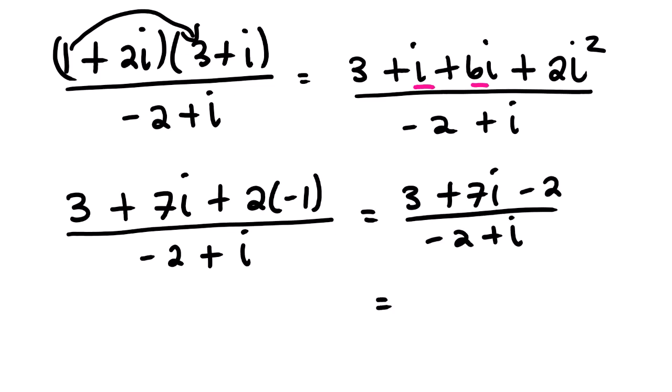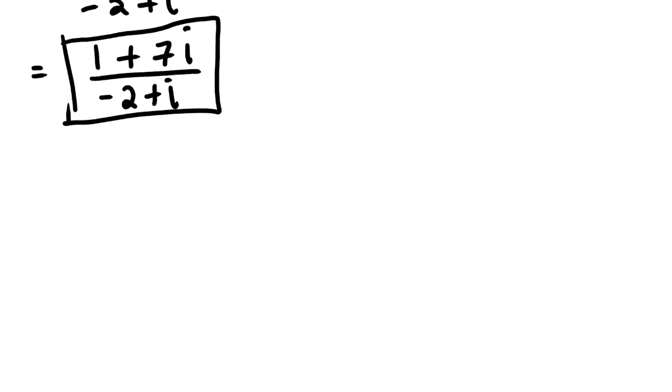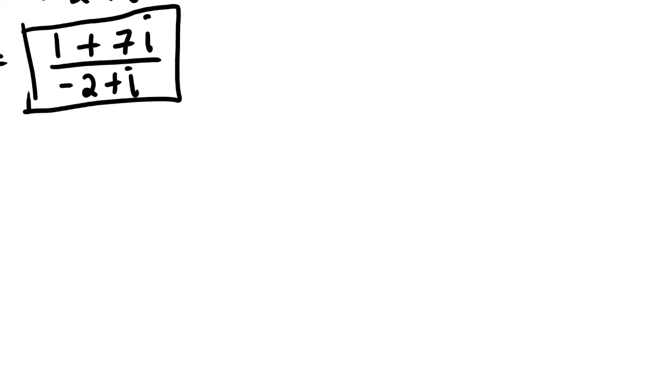This is equal to 3 minus 2. We have 1 plus 7i over negative 2 plus i. So this is the fraction that we are going to use to find the answer. So looking at this, the conjugate is negative 2 minus i.